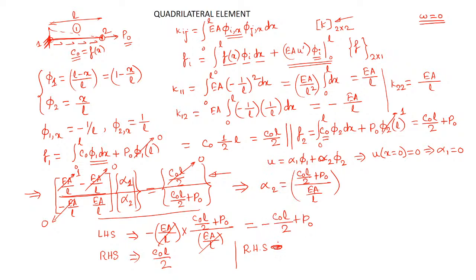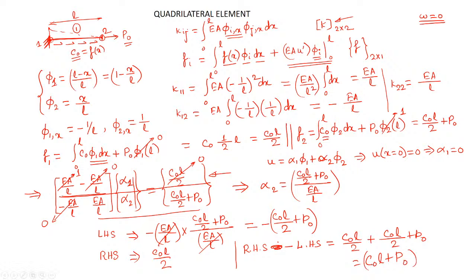This gives us C naught L by 2, and here there will be a bracket. Minus of this, so this becomes plus. So C naught L by 2 plus P naught, and that gives us C naught L plus P naught.